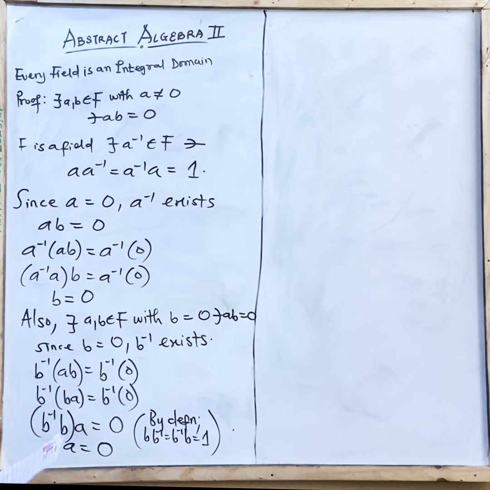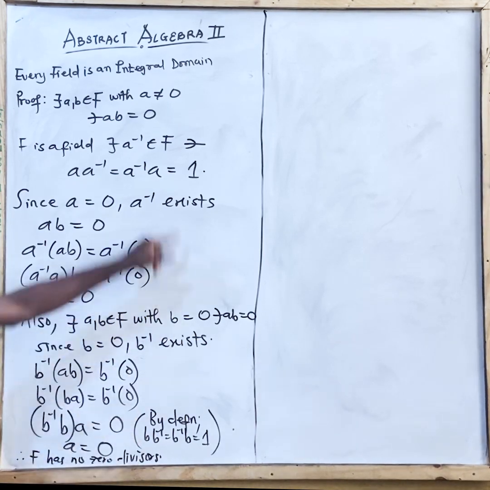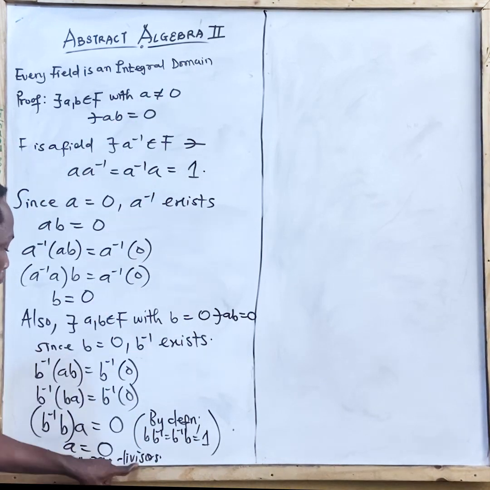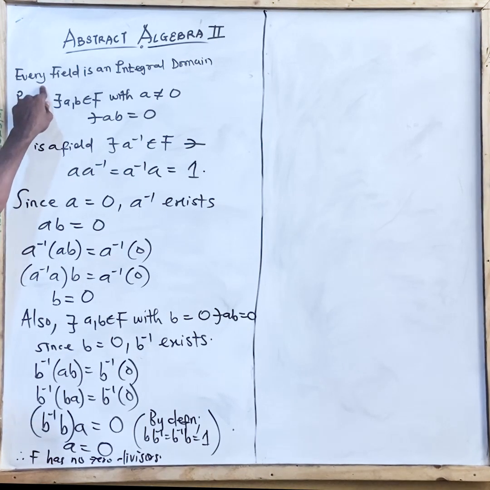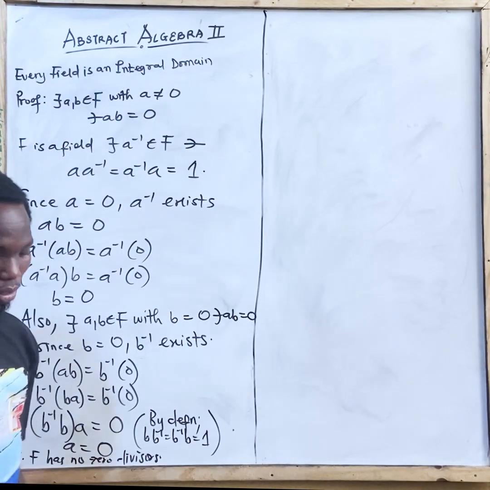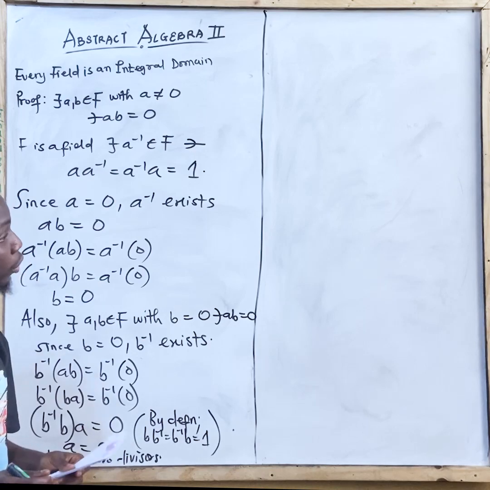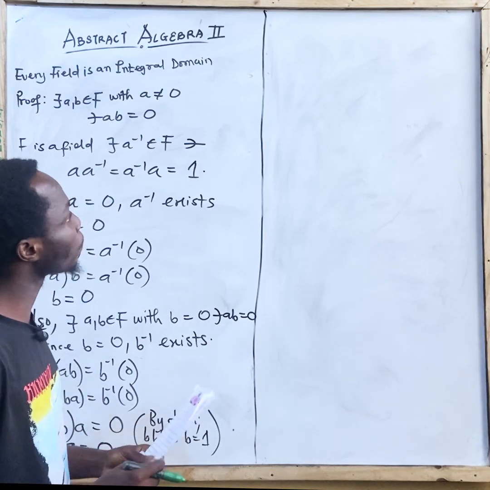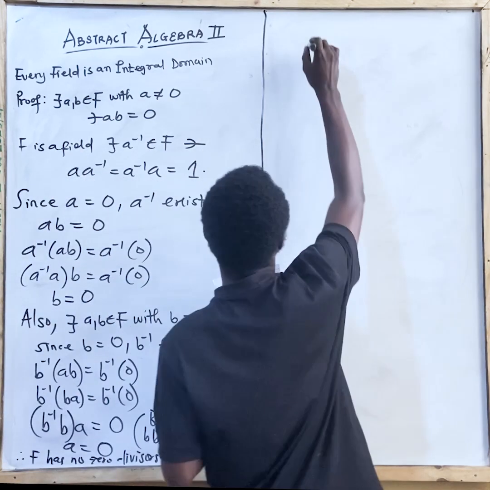So I've been able to prove that every field, therefore F, has no zero divisors. Since F has no zero divisor, and I know that an integral domain has no zero divisor, I've shown that every field is an integral domain.